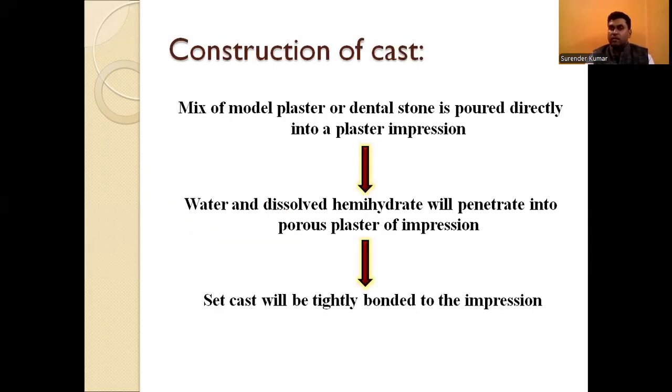Construction of the cast: the mix of the model plaster or dental stone is poured directly into the type 1 impression plaster. Then water and the dissolved hemihydrate will penetrate into the porous plaster of the impression, and the set cast will be tightly bonded to the impression.